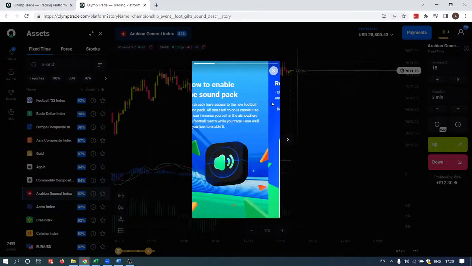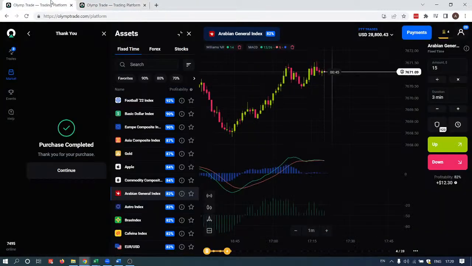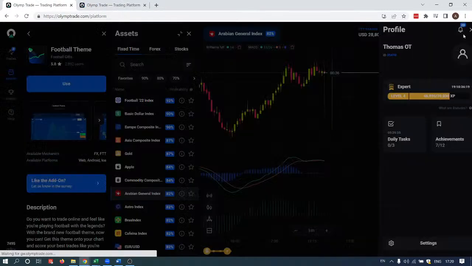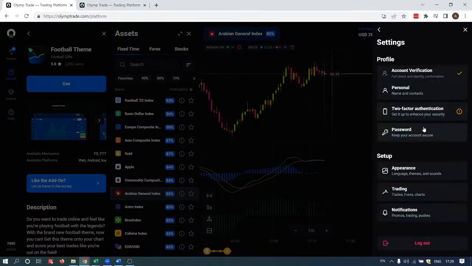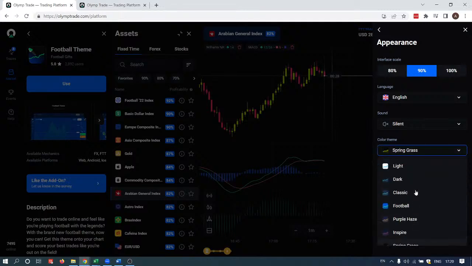How to enable the sound pack? Okay, so we need to reload the app or page. We need to go to settings. Okay, maybe I'll do it next time. And then I need to press the theme. So I think I need to go here. I need to click settings, appearance, and where is football?